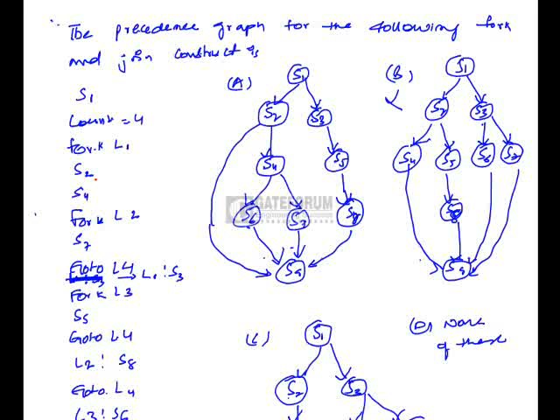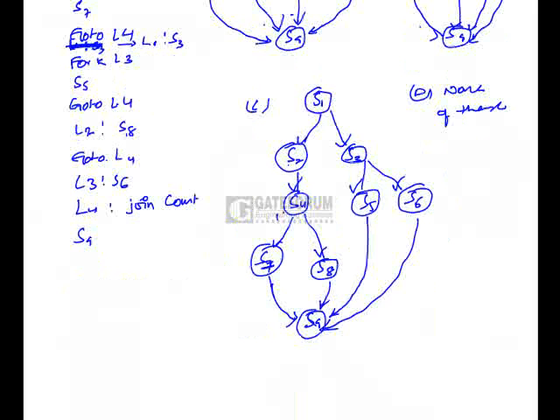If you see option C, S2 and S4, after S4 fork L2, that means at L2, S8 is there. That means S7 and S8 will start executing parallelly after S4. If you see option C, same is the case. After S4, S7 and S8 start execution parallelly.